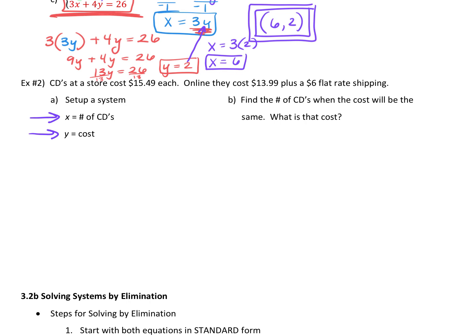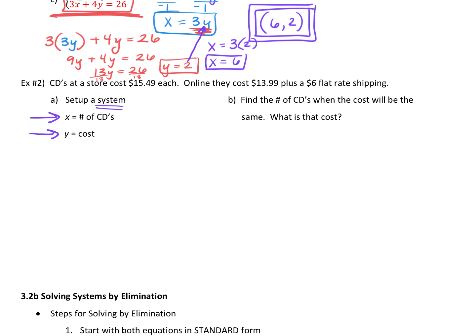So if you can set up a system, how many equations? 2 or more. Okay. So see if you can set up a system of equations. I'll tell you it is 2 equations in this one. See if you can set up 2 separate equations for the cost of x CDs. And then see if you can solve that system of equations.